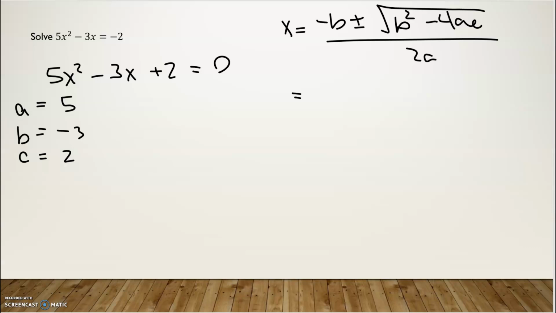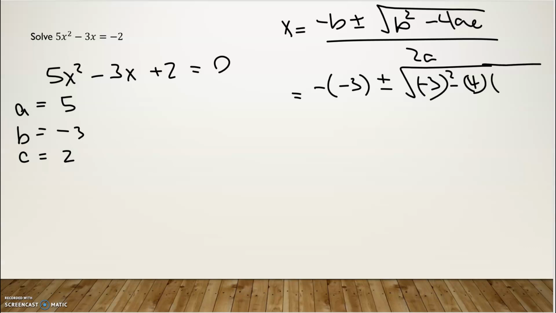Okay, so we have negative 3 plus or minus the square root of negative 3 squared minus 4 times 5 times 2, all over 2 times 5.